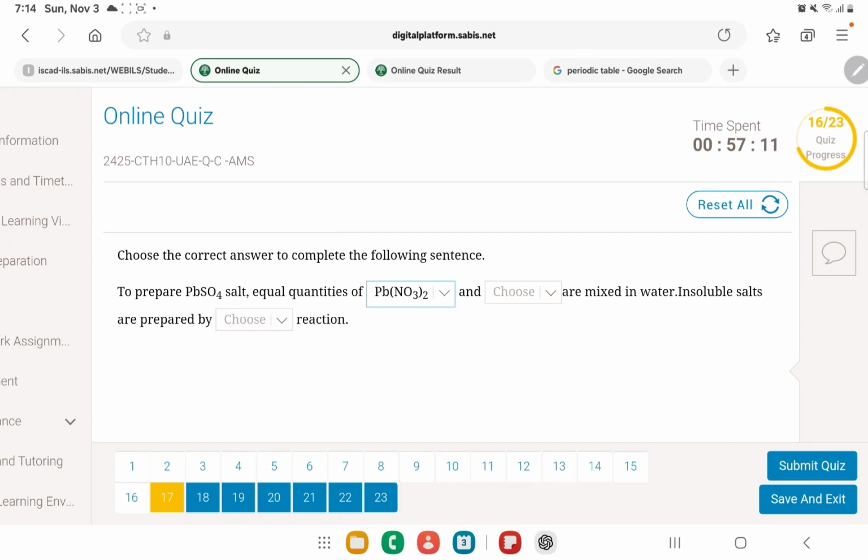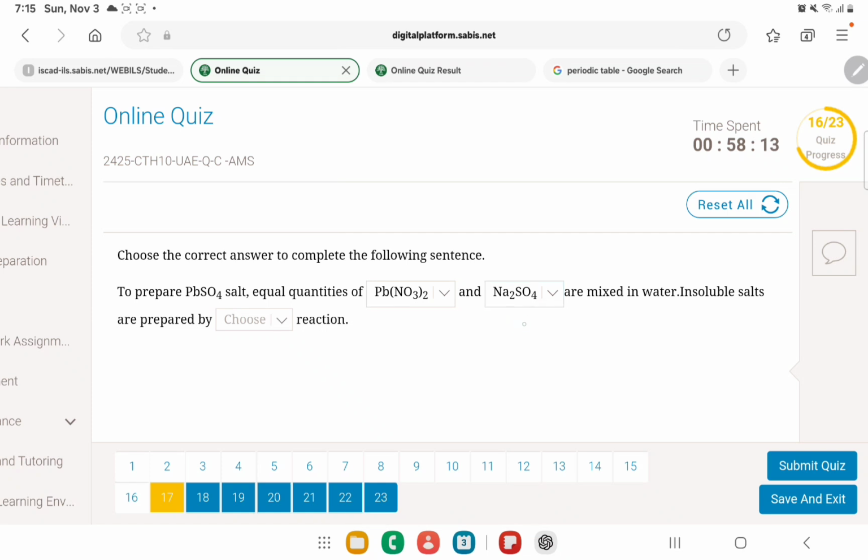So PbNO3, and we need a salt that ends with SO4 because we're going to go in and out. SO4 is always soluble except when it comes with Pb and Ba and Ca, so it's not the last option. And SrSO4, I don't know what that is. Anyways, Na is from the first row, and whatever comes with the first row is always soluble.